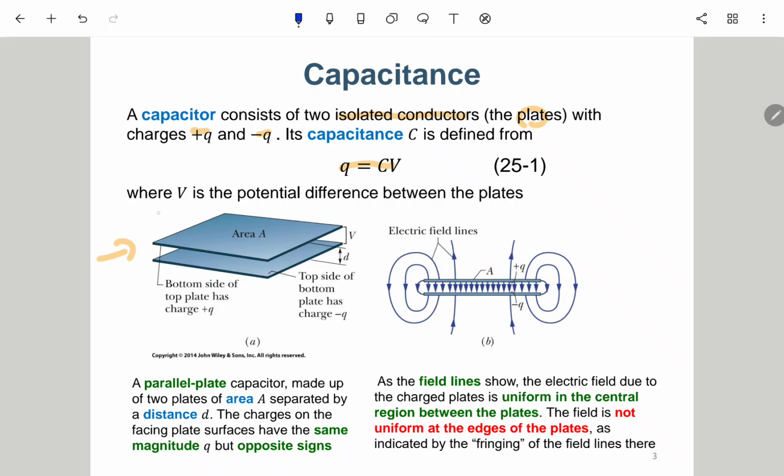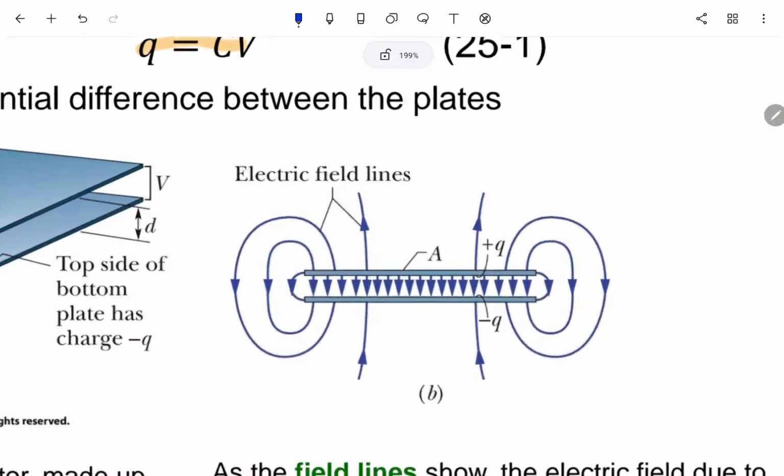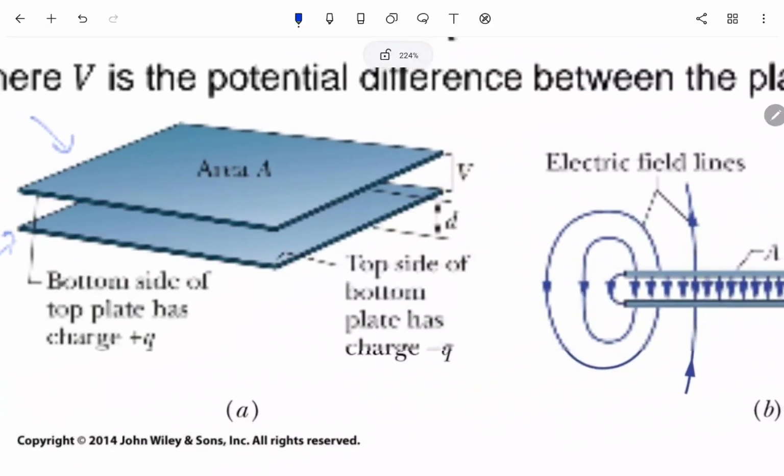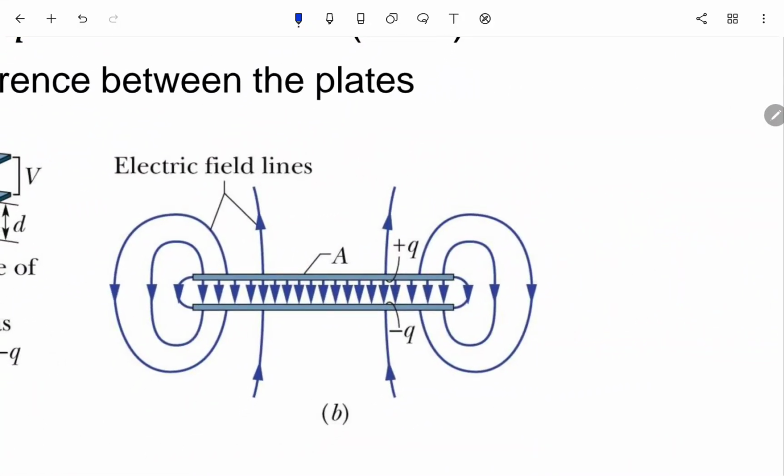So here we have a parallel plate capacitor, and charges are put onto the plates. This is a 3D plot, and this is a cross section. Here we have the top plate and the bottom plate.